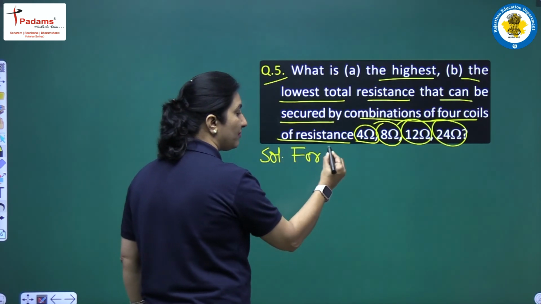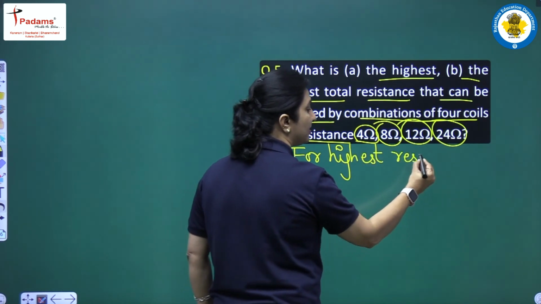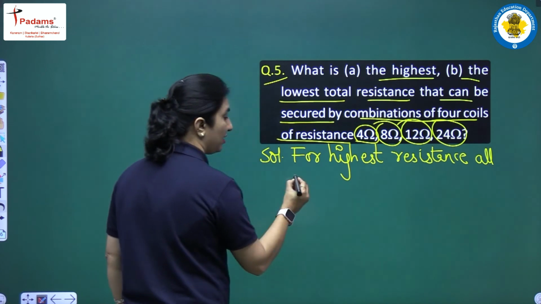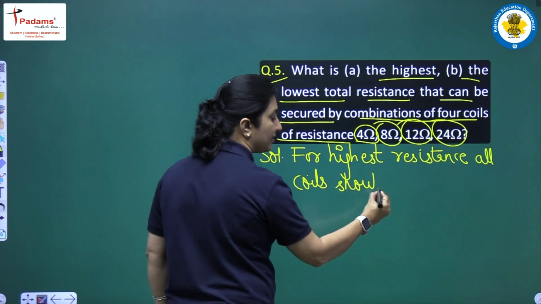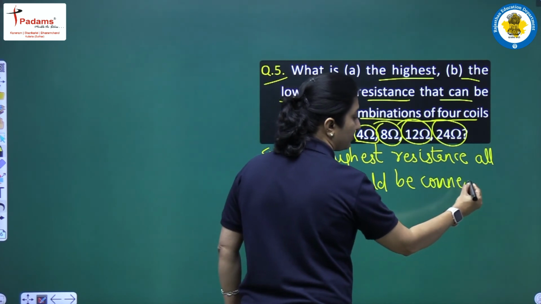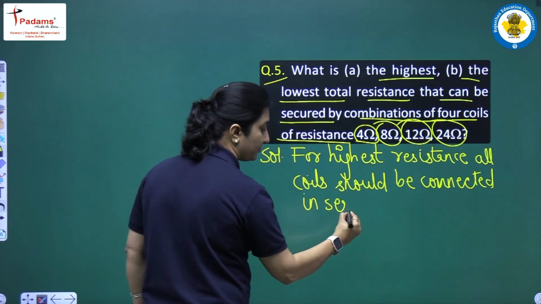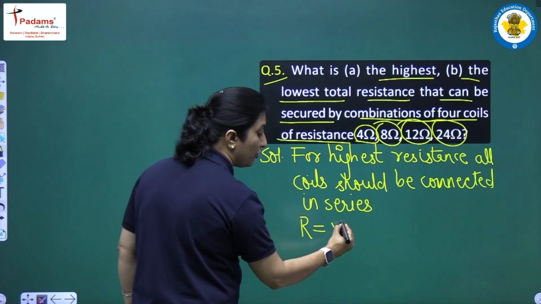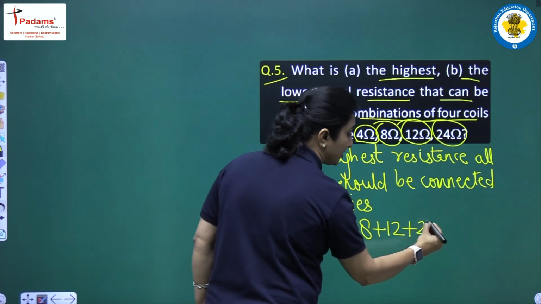सो इसका सोल्यूशन स्टूडेंट्स कैसे लिखेंगे? For highest resistance all coils should be connected in series. So what we get is the equivalent resistance will be equal to 4 plus 8 plus 12 plus 24.